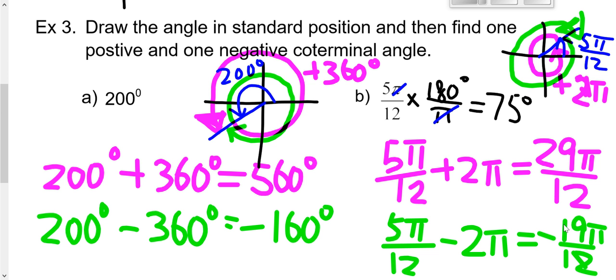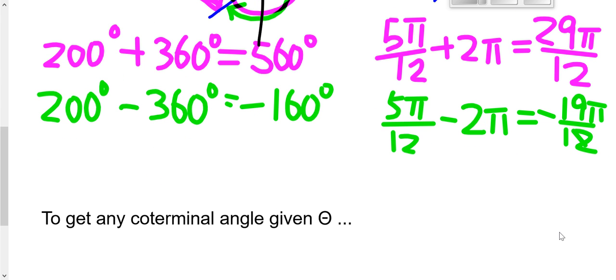All right, and so let's summarize this. Perhaps before we wrap up this part with the conclusion or some generalization, have a look. So basically, you keep adding 2 pi here for the positive coterminal arm, and here you keep subtracting 2 pi.